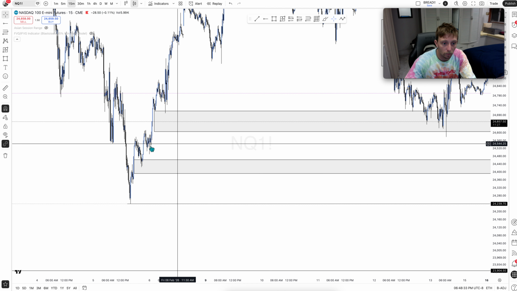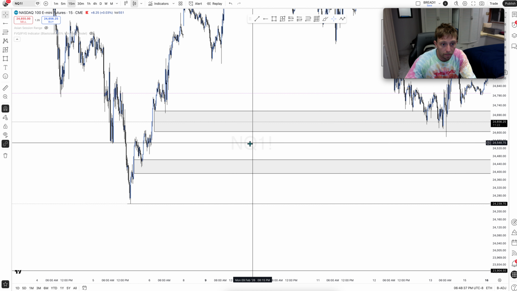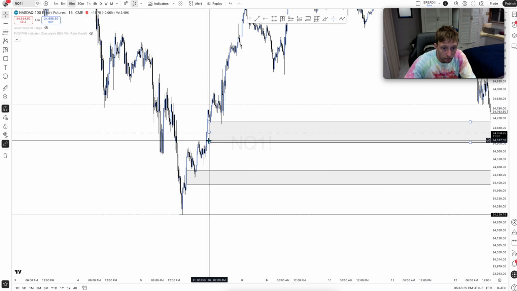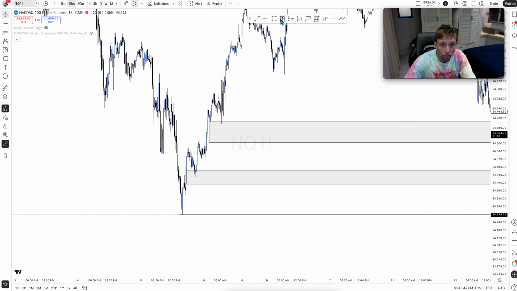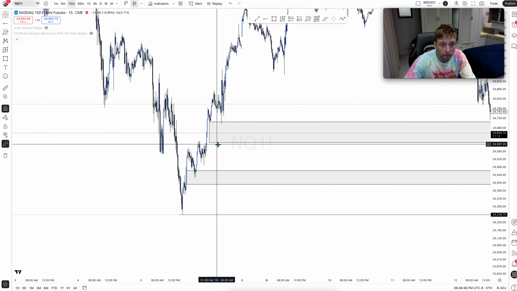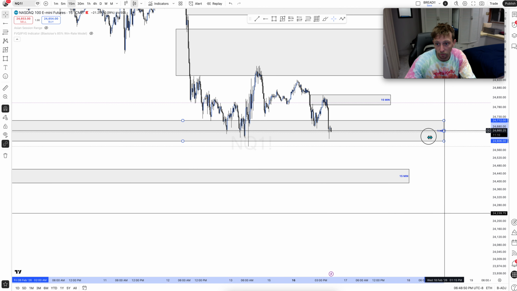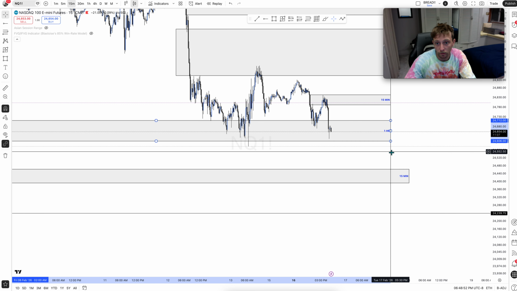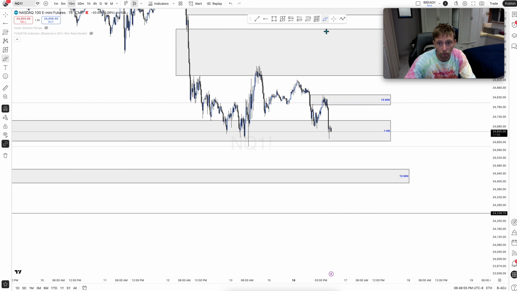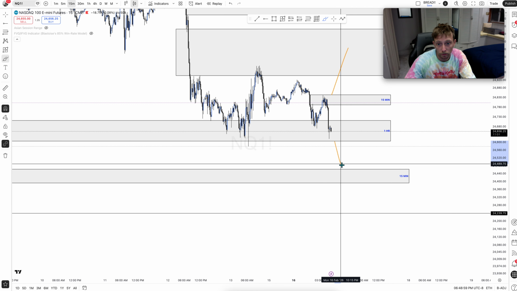And you might be thinking, well, what about the smaller one right here, or maybe this one, or any of that? There's also a 15-minute right here that we could use, but I don't really need to use this 15-minute gap right here, even though it is big enough, because remember, we're using this bigger gap right here, this 1 hour gap. So we're using this 15-minute to go long. We're using the break of this 1 hour to go short.